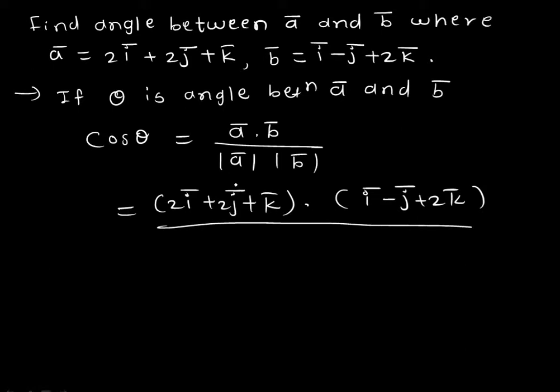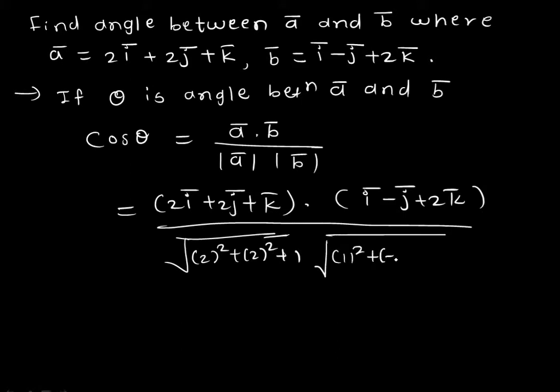mod of a bar, which is the coefficients of i, j, k, squared and added: 2 square plus 2 square plus 1 square, under root, and again mod of b bar is root of 1 square plus minus 1 square plus 2 square. Here we have to take the dot product of these two vectors.